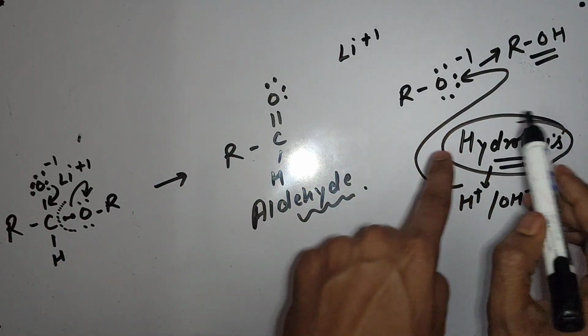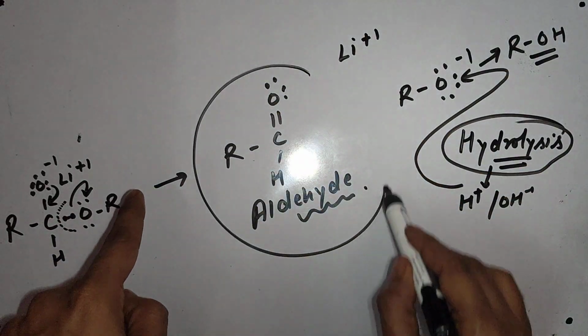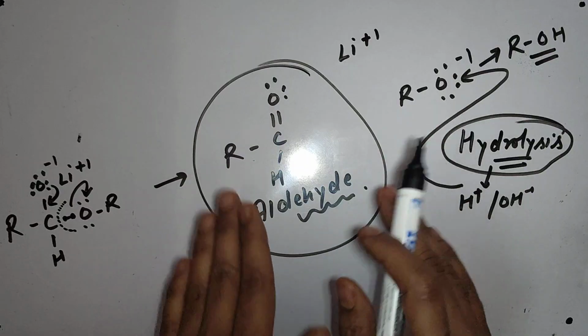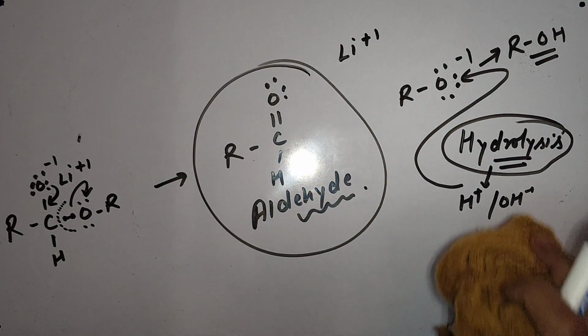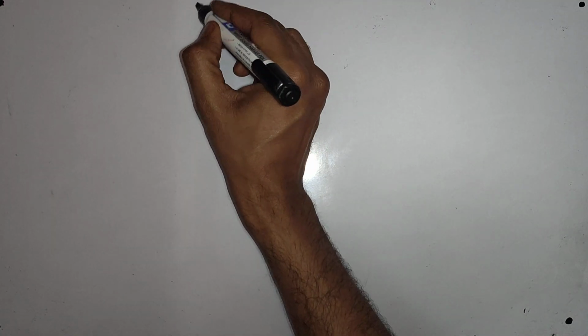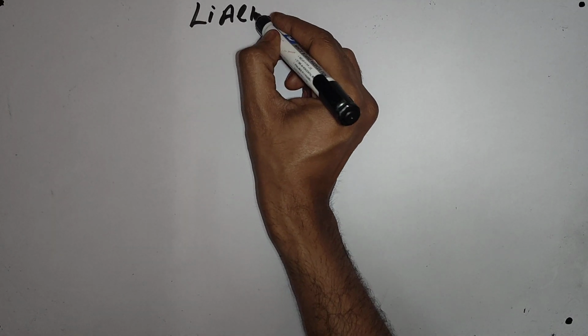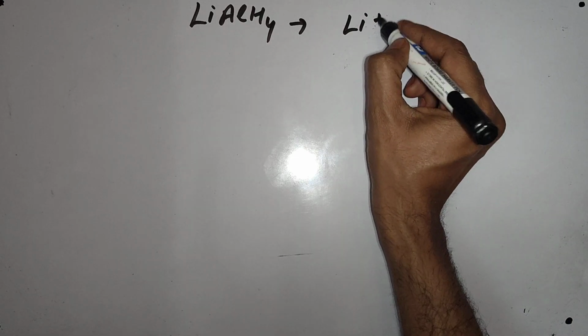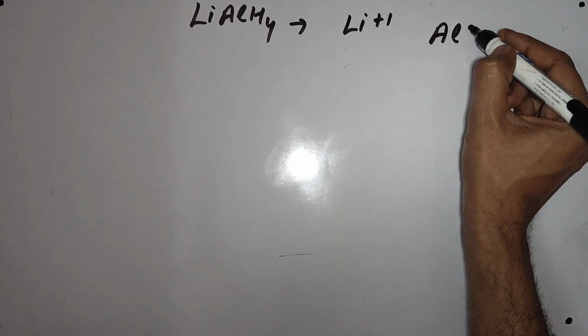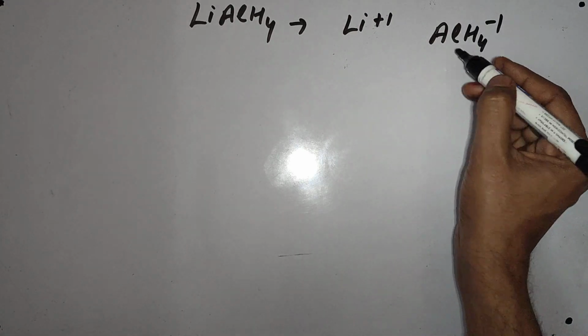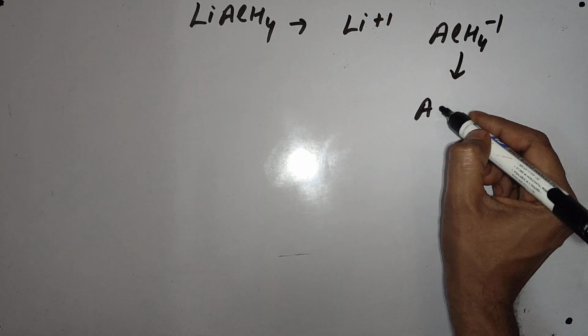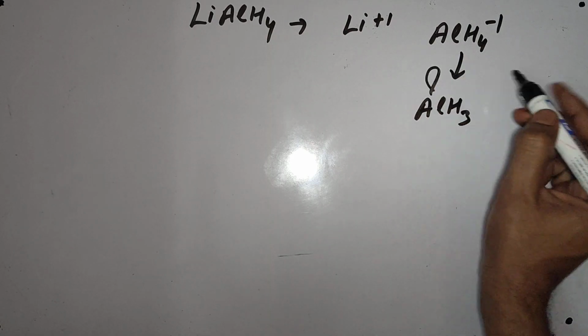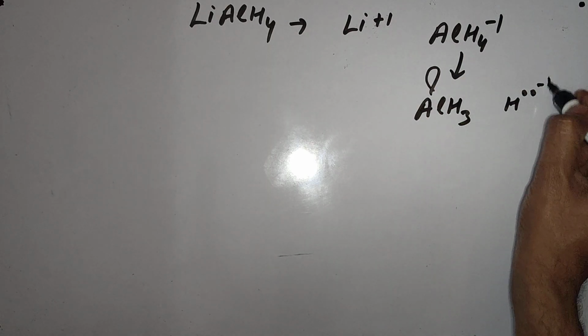But before applying hydrolysis, this particle will also get reduced itself with the same mechanism. Another lithium aluminium hydride will perform the same action, will provide Li positive, AlH4 negative. That AlH4 negative will give us AlH3 with a vacant orbital and hydride.